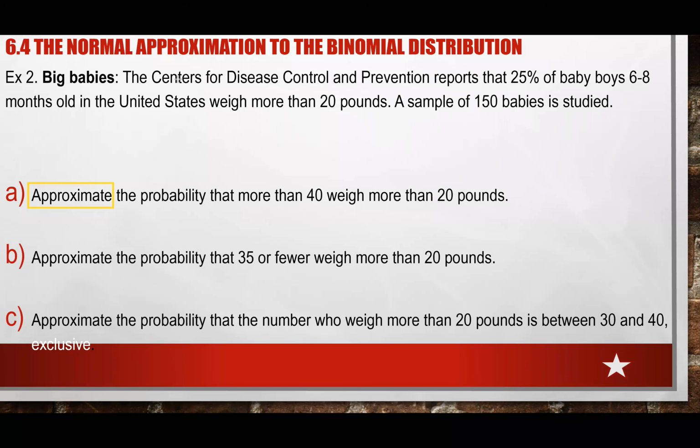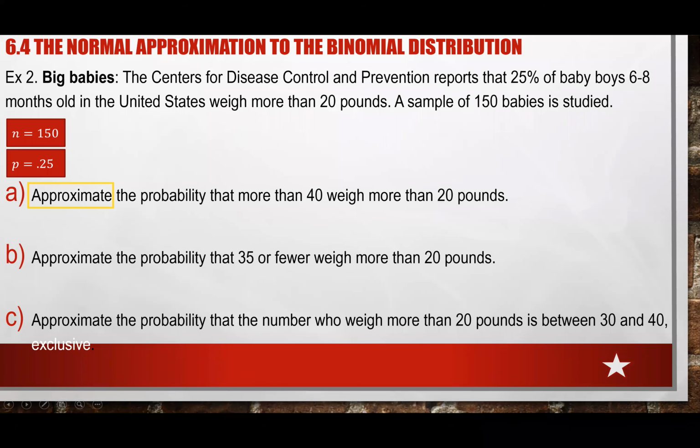So again, before we go to the figure, you need to test your criteria. So we know that this is my N. I have 150 babies in this study, and I know the probability that each individual baby weighs more than 20 pounds is 0.25, right?